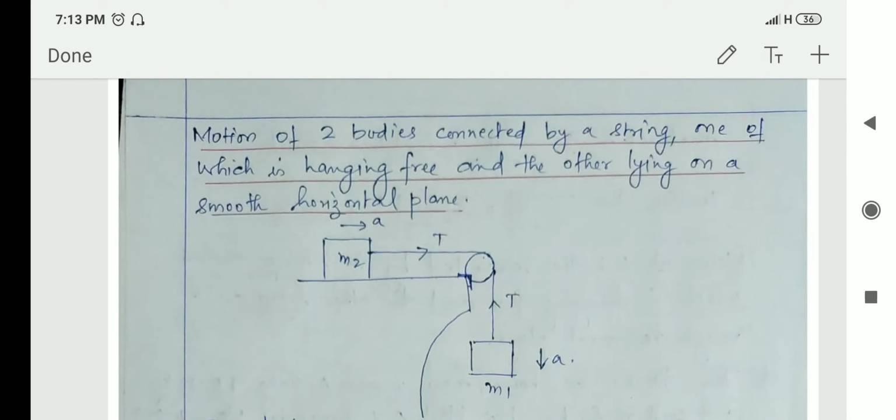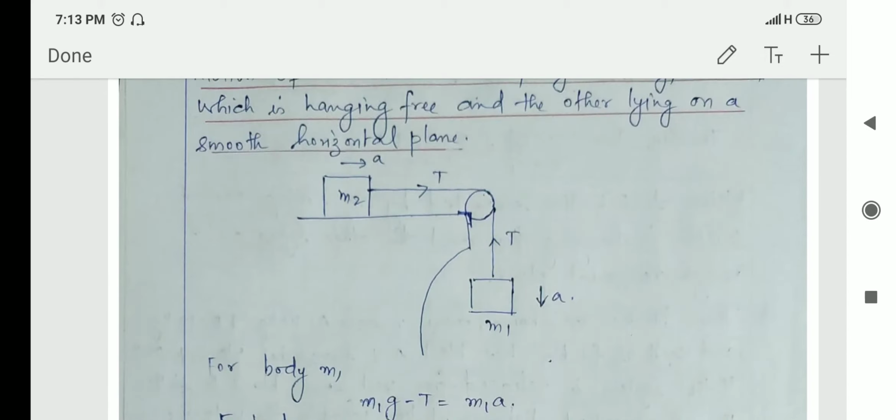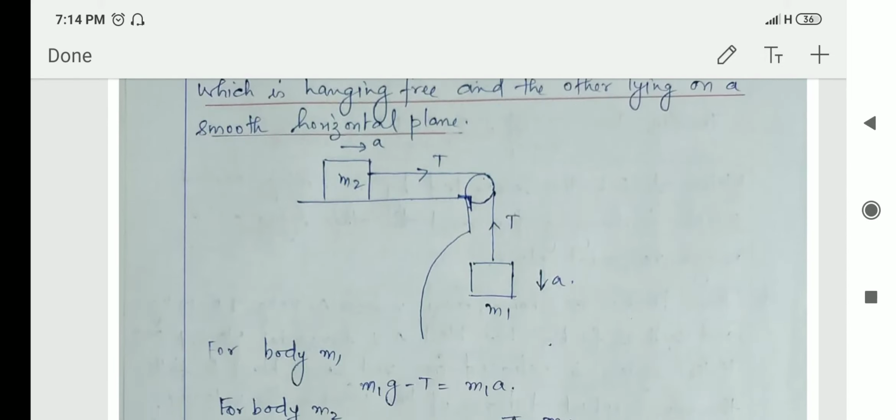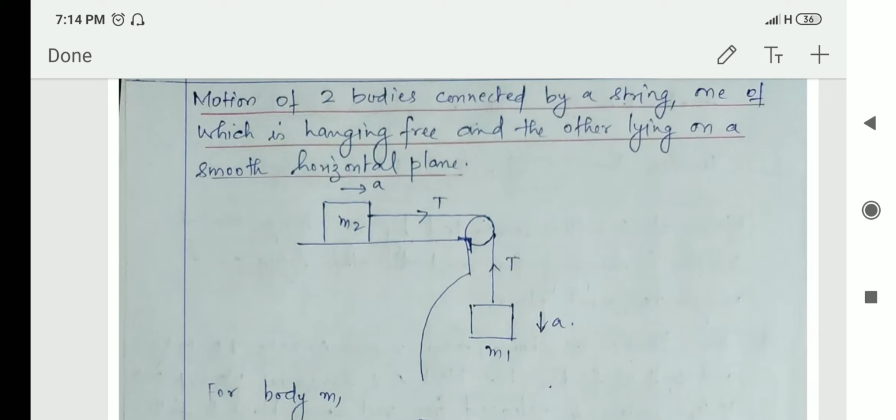Now we have another kind of problem, motion of 2 connected bodies by a string, one of which is hanging free and the other lying on a smooth horizontal plane. So here also we are following the same pattern. First we need to find out the direction of motion. So what is the direction of motion?